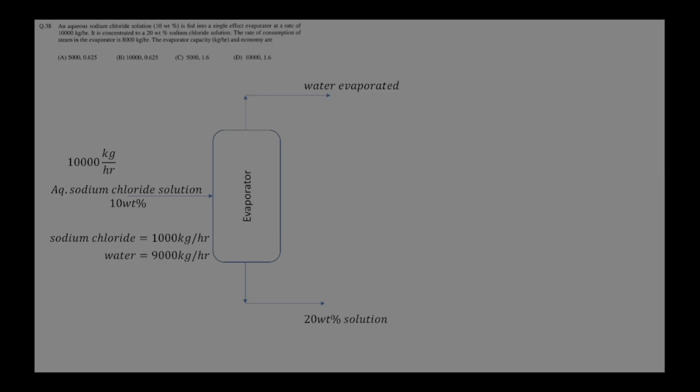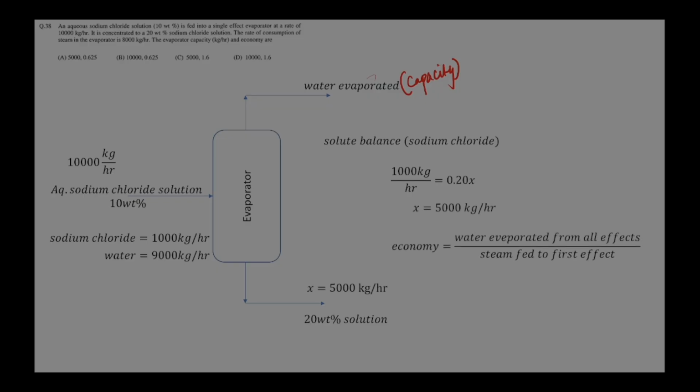So we have to calculate the capacity and economy. Capacity is how much water is evaporated from the evaporator. So, solute balance, sodium chloride balance. X is equal to 5000. Sorry, I have made a little mistake.